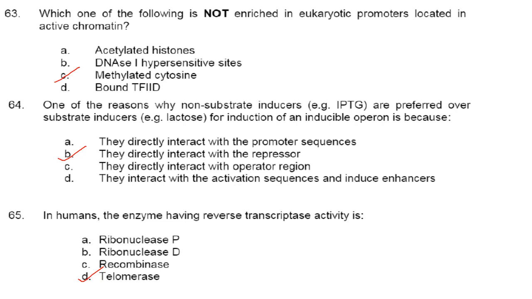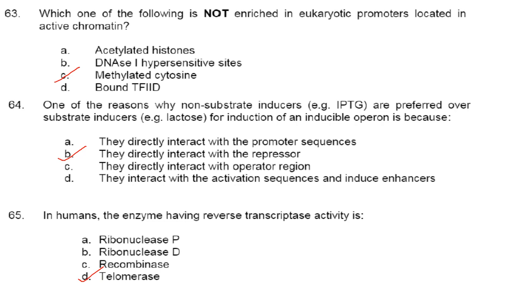Acetylated histones: histone acetylation may affect chromatin structure directly by altering DNA-histone interaction within and between nucleosomes, thus resulting in a more open, higher order chromatin structure. So the answer is option C, that is methylated cytosine.